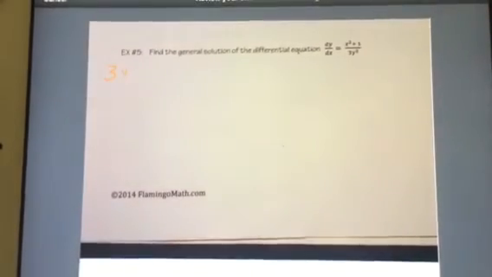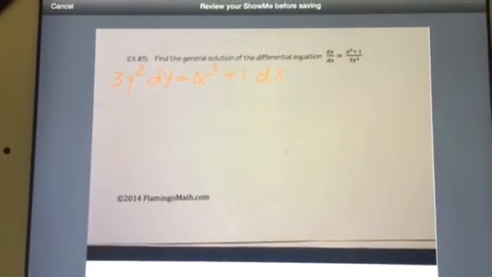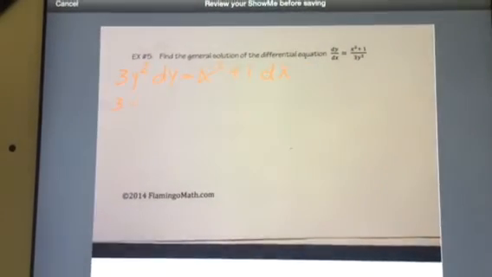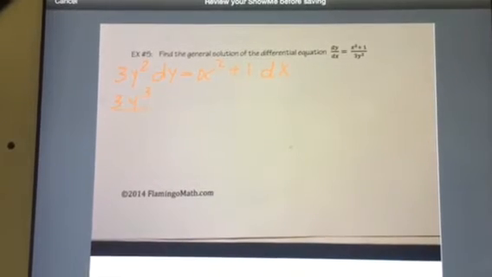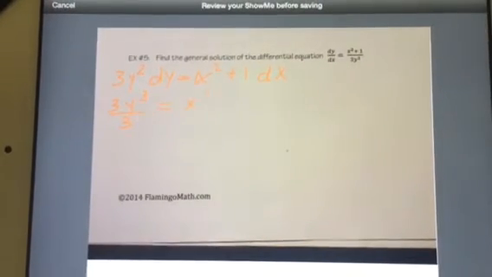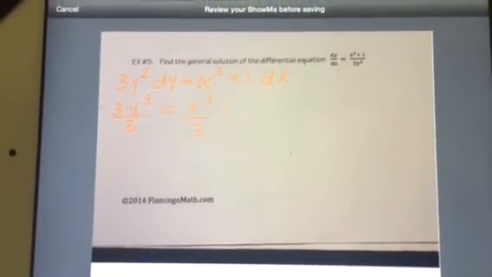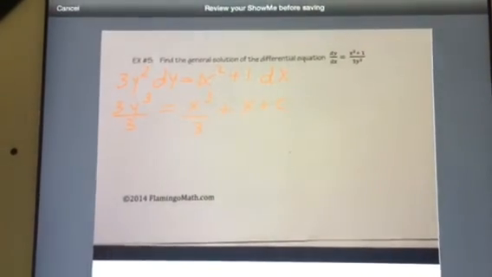One more example of a general solution. So here we'll cross multiply, so we'll get 3y squared dy equal to x squared plus 1 dx. Integrate, we'll have 3y cubed over 3 equal to x cubed over 3 plus x plus c.